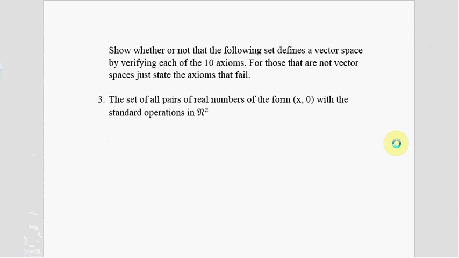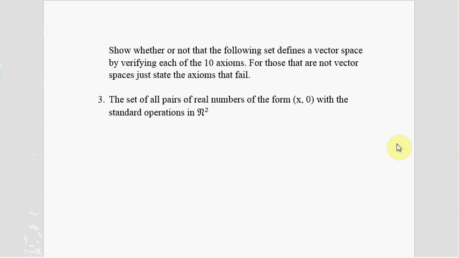Number 3. Number 3 says that the set of all pairs of real numbers of the form x comma 0 with the standard operations on R2, that's the 2 space. This set is a vector space. Okay? It satisfies all 10. Basically, all the vectors of that form. So if you think ideally, all the vectors with the first component and the second component is 0.